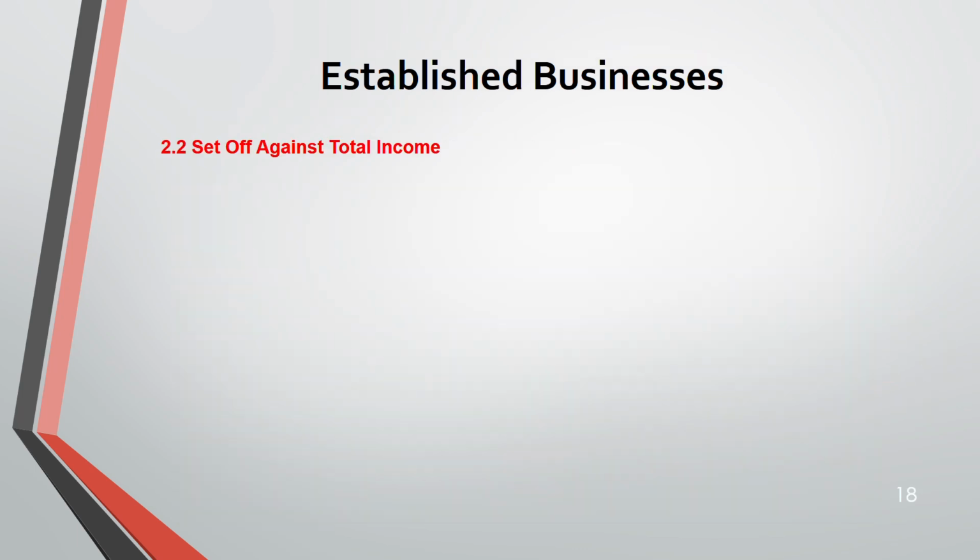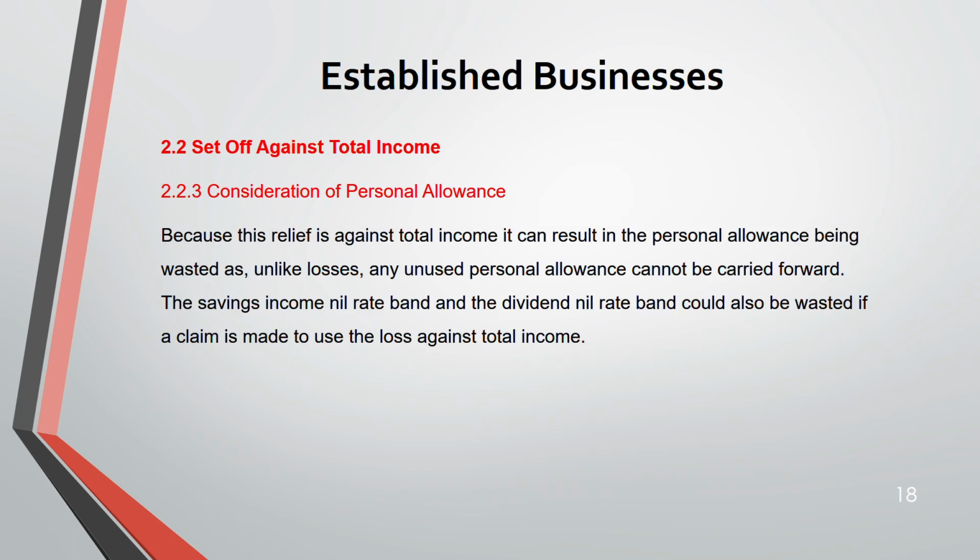Now, when we are setting against total income, you have to consider personal allowance. Because this relief is against total income, some of your personal allowance can be wasted. Remember, losses you can carry forward, but unused personal allowance you cannot carry forward. And in this case, if you deduct, two things will be wasted: savings income nil rate band and dividend income nil rate band.